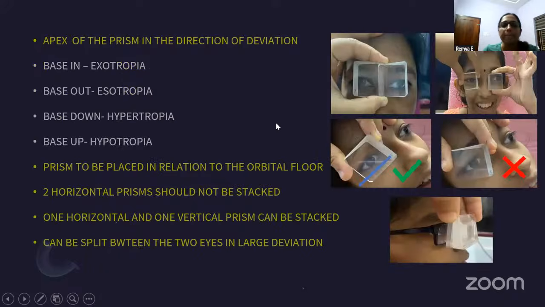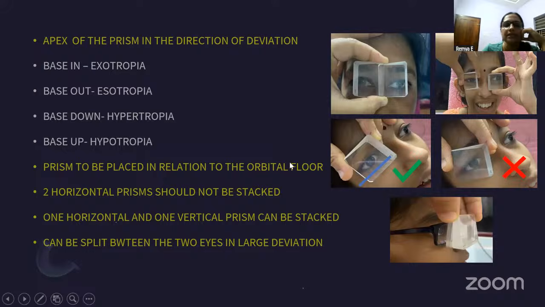And always apex towards the direction of deviation. Even though we place the apex towards the deviation, if the child has an exotropia, we always tell in terms of base. So if exotropia, you will say base in, whereas esotropia, base out. But for easy understanding, you can say the apex towards the deviation, and base down in a hypertropia and base up in a hypotropia.